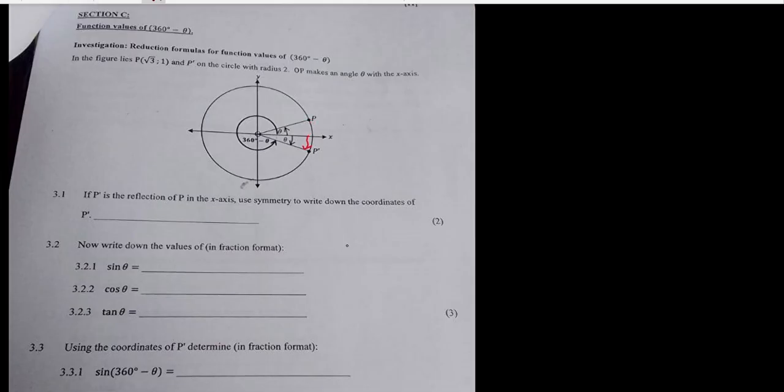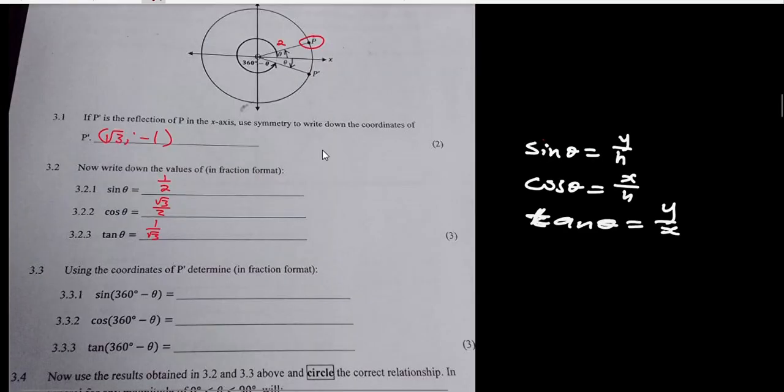Okay, so my point P prime is going to be root 3, -1. Okay, so now they're saying I should write down, it's still going to be the same values, guys, as before. They want 360 minus, which is this one here.